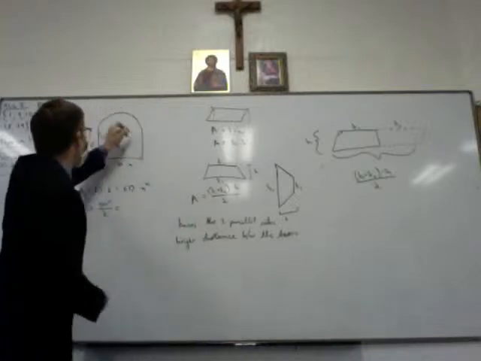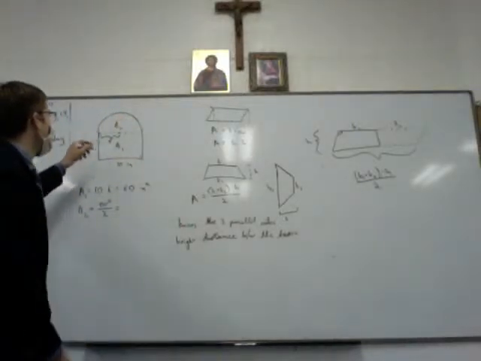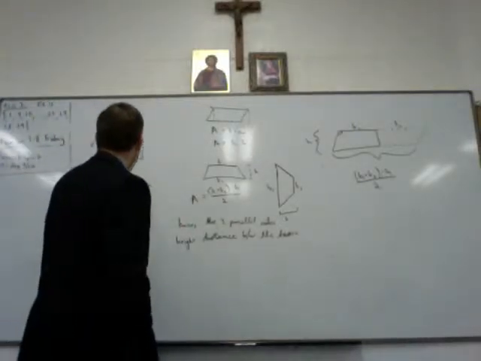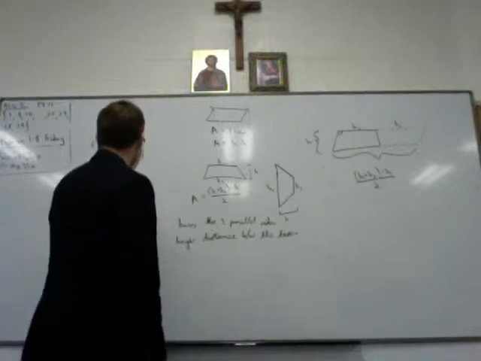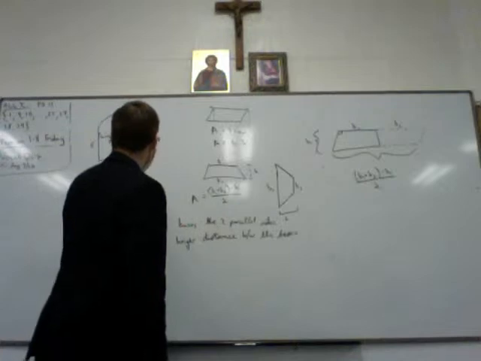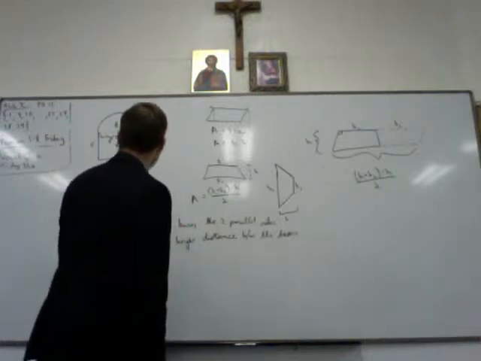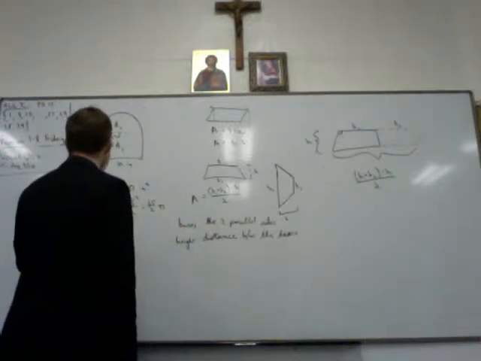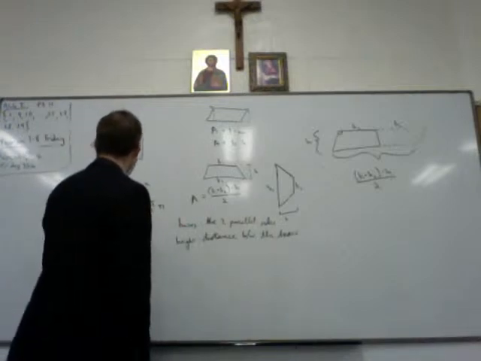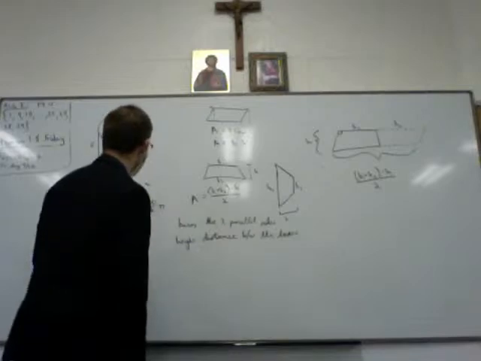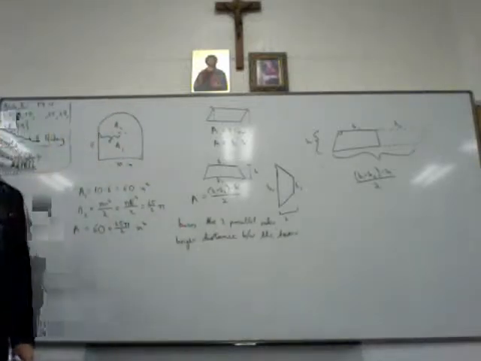Exactly, because the diameter is 10. All the way across is 10, so the radius is 5. So we get pi times 5 squared divided by 2, which is 25 over 2 pi. The area of the whole thing is 60 plus 25 pi over 2 square inches. There's your area.